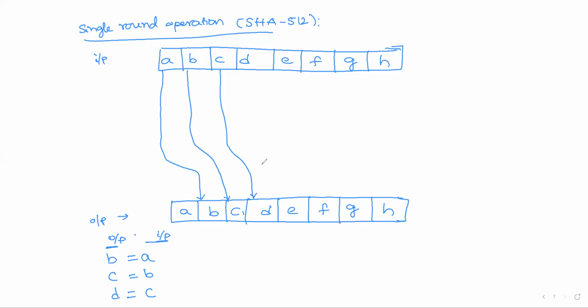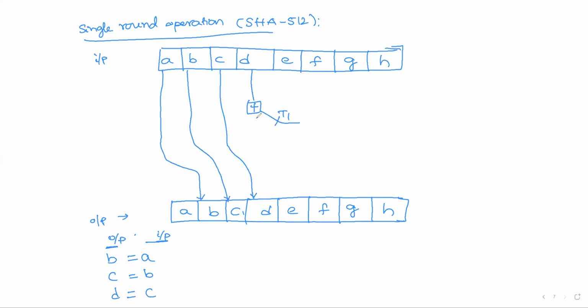Okay. Then what about E? E is obtained by taking D, which will undergo an addition modulo operation along with some value, that is T1.